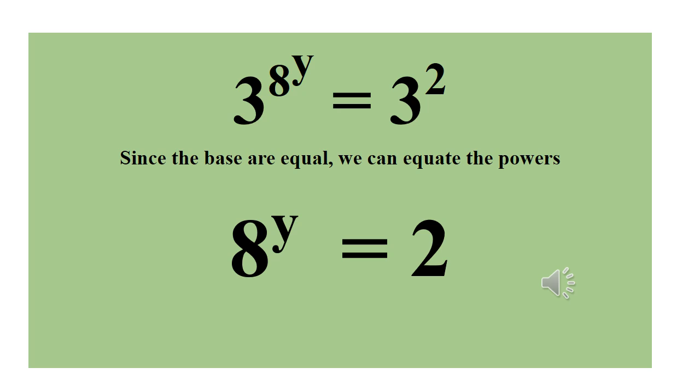From here, since we now have the bases equal as well, 3 and 3, we can cancel out the base and then equate the powers. So what we have is 8 raised to power y equals 2. We have equated the powers.